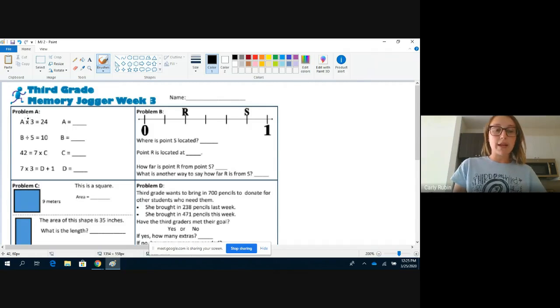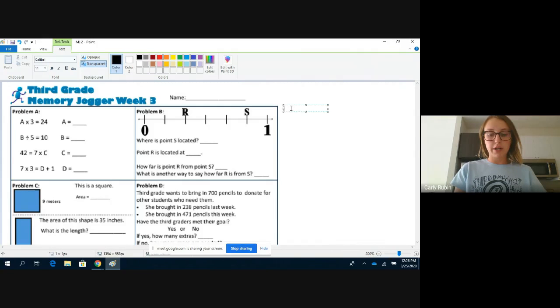So I can skip count by threes and see how many times it takes me to land on 24 to figure out what A is. So over here, I'm going to skip count by threes and see how long it takes me to get to 24. 3, 6, 9, 12, 15, 18, 21, 24.